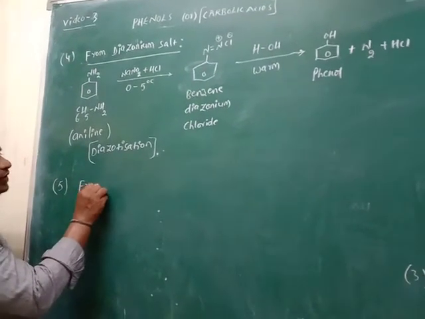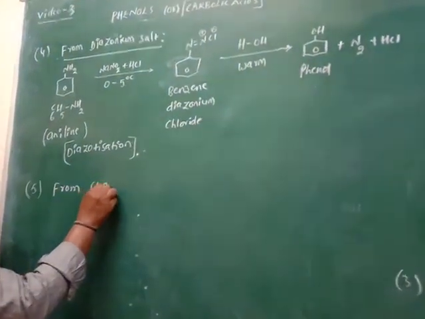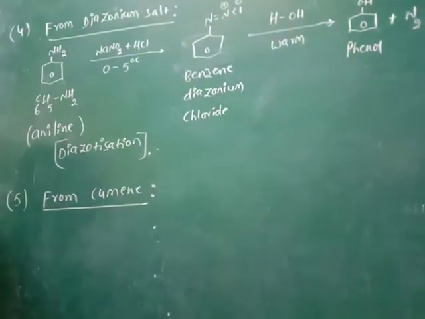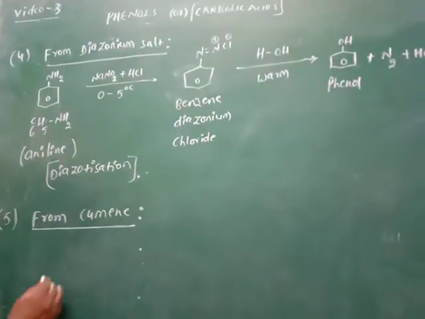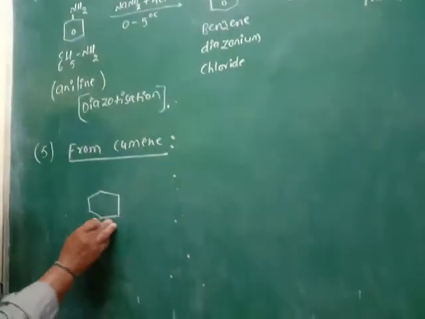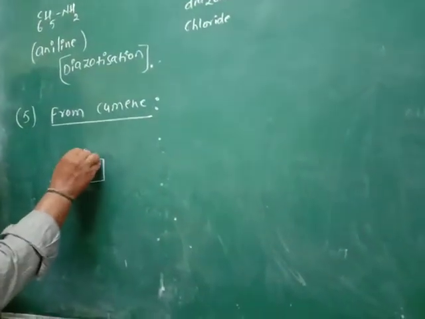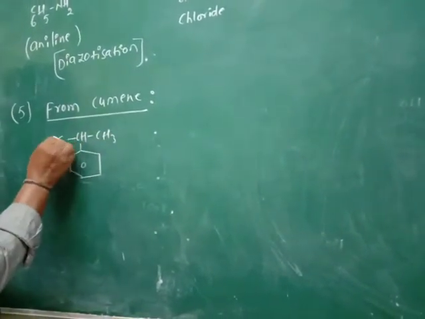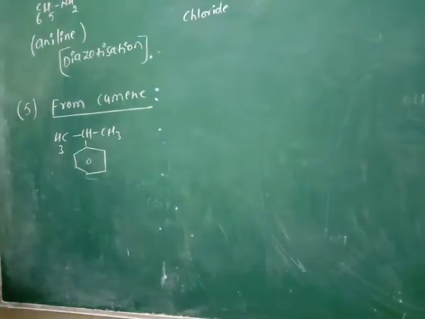Now, the last preparation method of the phenols: phenols are prepared from cumene. The structural formula of cumene has a CH with two CH3 groups on benzene.